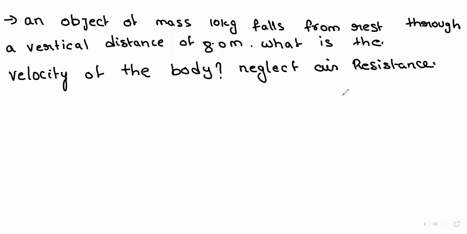Initially the object is here, mass of the object is 10 kg. What is initial velocity of the body? 0. So it falls through a vertical distance of how much? 80 meters. Here velocity is v, we have to find.